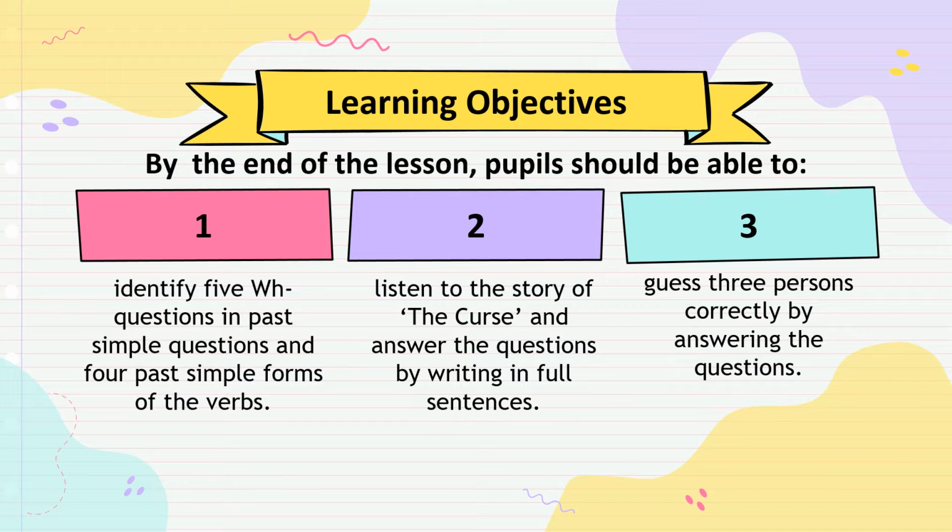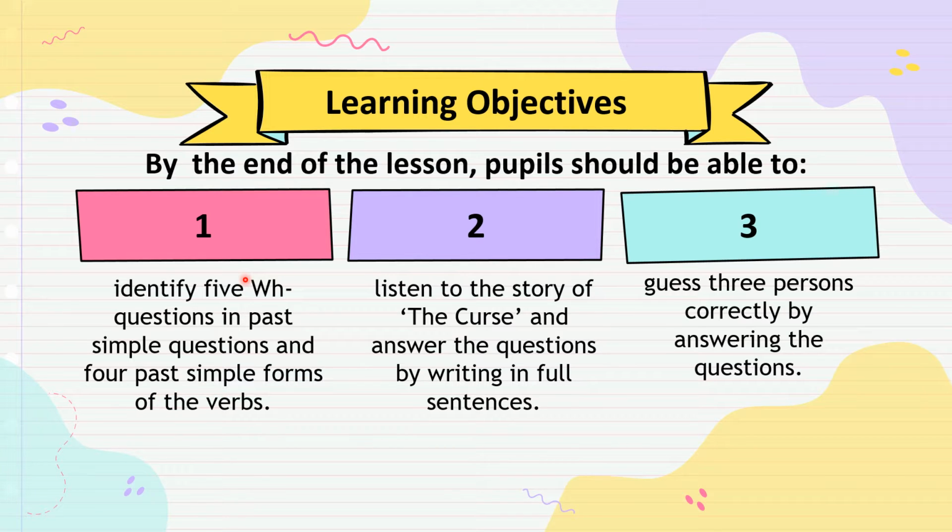Alright, before we start our lesson, I would like to introduce to you the learning objectives for today's class. By the end of the lesson, pupils should be able to, number 1, identify 5 WH questions in past simple questions and 4 past simple forms of the verb.